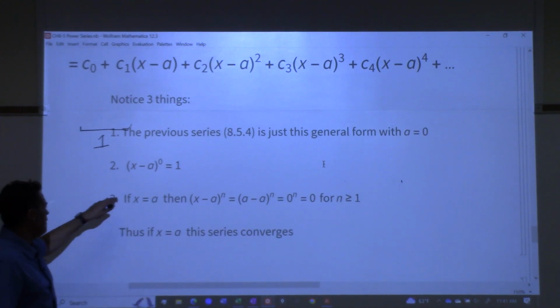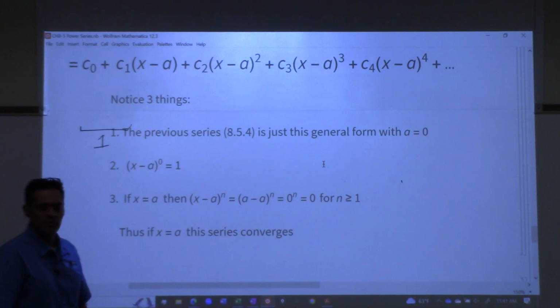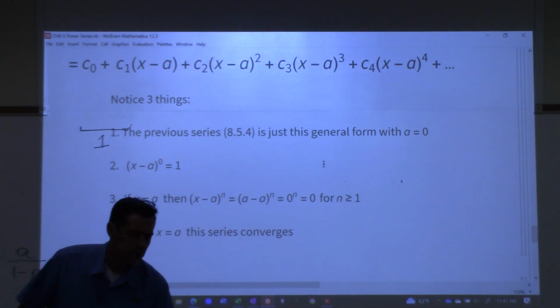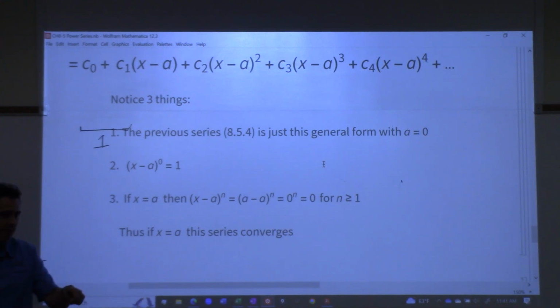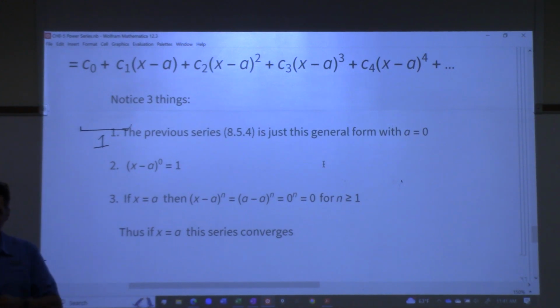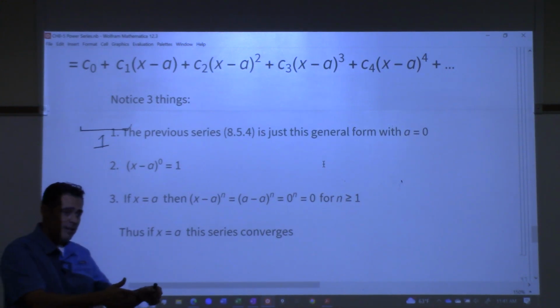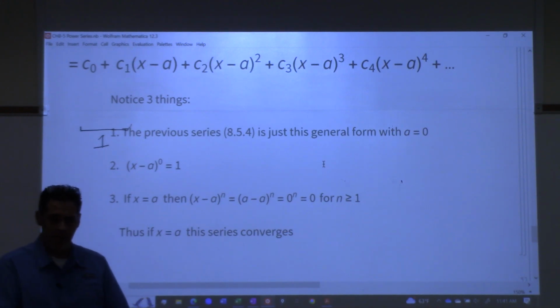So if x equals a, the series converges. For all power series centered at a, if x equals a, then the series converges.